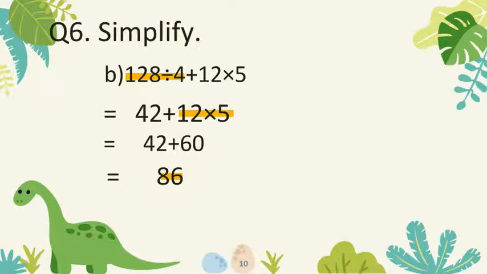I have told you today that in DMAS rule, we will first do the division, then multiplication, then addition and then subtraction. And we will use this rule when in a question there are more than one operation. So I hope that you all are now able to solve the questions by using DMAS rule.